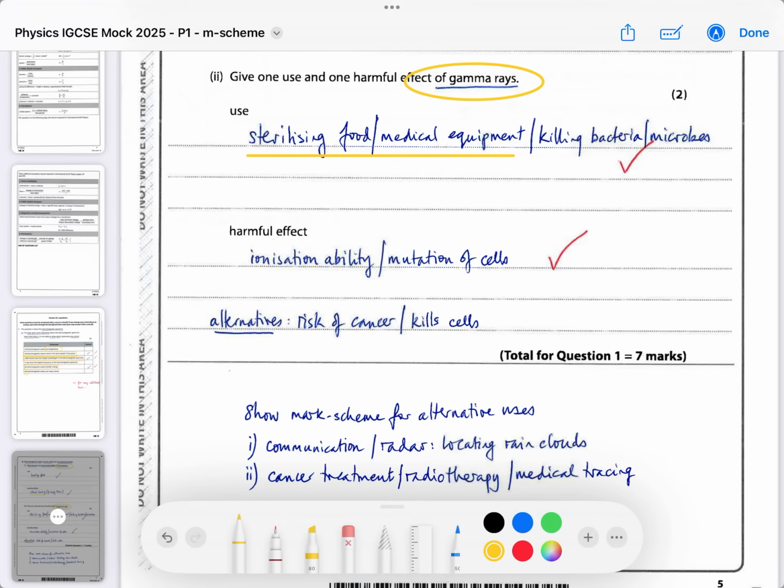I would put medical equipment because sterilizing food, they do that. So they irradiate food, and that kills the bacteria or any microbes on it, so it increases shelf life. But I think this is the best answer to give, the medical equipment one.